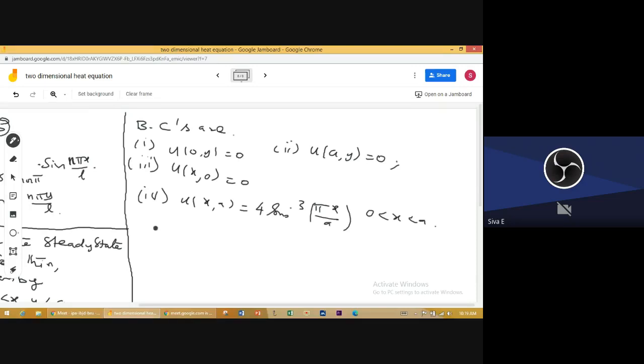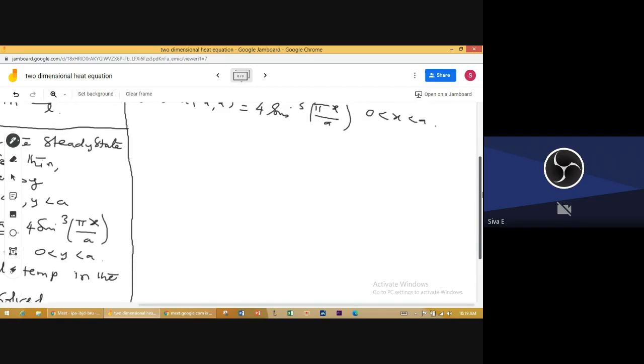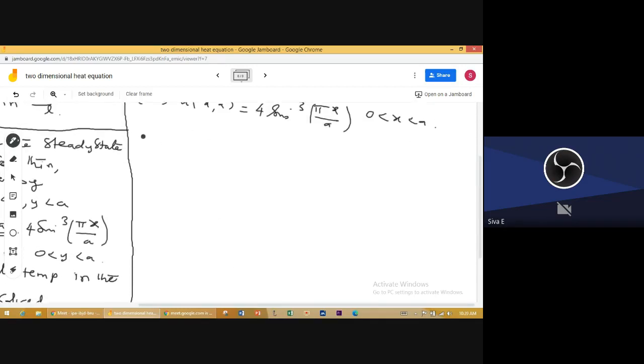Now when you are applying the first boundary condition, what do you get? A equal to 0. Applying boundary condition 2, what do you get? P equal to nπ/a.